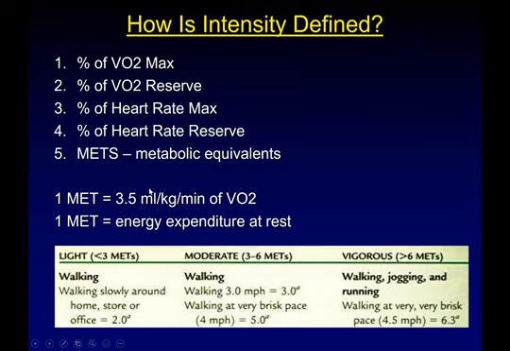Now, this number is not going to mean anything to you guys right now. It will later on, okay? So 1 MET is your resting rate. If we normalize everybody's resting rate to your body weight, they all tend to pan out at right about this area. So 1 MET is 3.5 mLs per kg per minute.